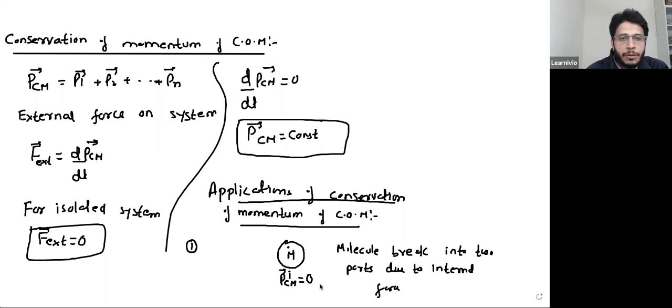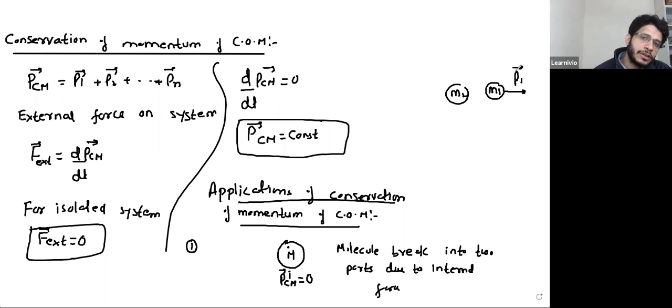So can you guess the final momentum of the molecule? 0. Momentum will not change because no external force is acting on the molecule, so momentum should remain the same. But this breaks into two parts, one part M1, another part M2. So these two parts will start moving in exactly opposite directions with equal and opposite momentum.